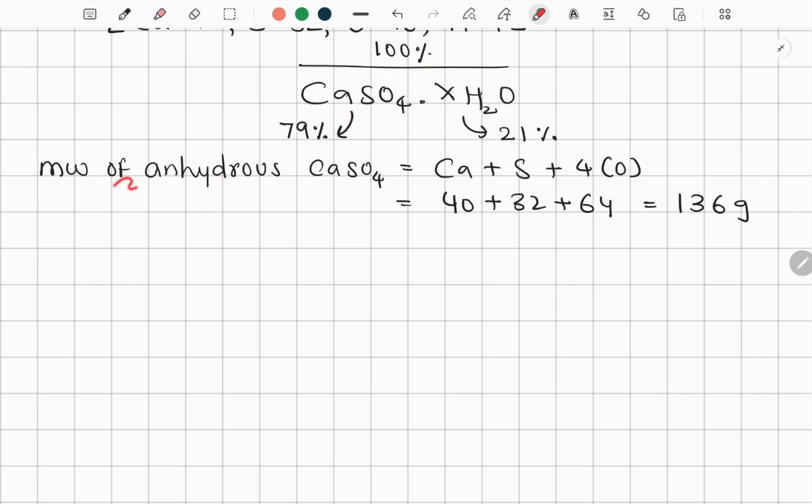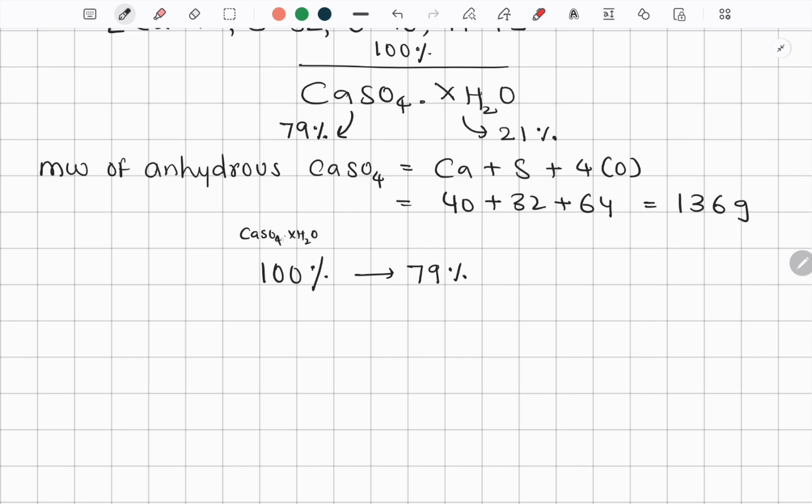Now it was clearly known that out of 100%, 79% is CaSO4. And I calculated the molecular weight of the calcium sulphate, which is 136, which is nothing but the 79% of the total formula. Correct? So if my formula is CaSO4.XH2O, try to understand very carefully.